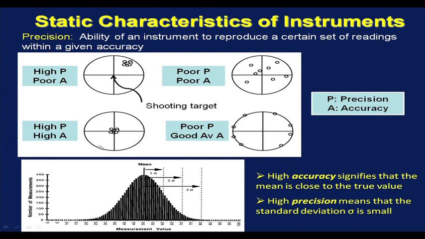In this example, each time the person has been able to hit the target exactly. All the 8 bullets have hit the center. So, this is obviously a case of high precision and high accuracy.